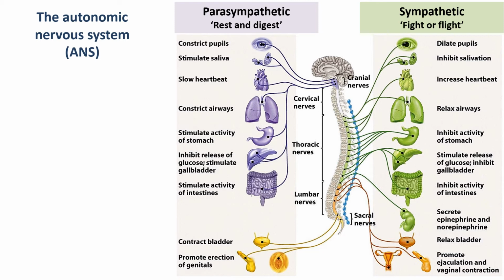It's all about rest and digest. So it drives heart rate down. It slows everything up. The sympathetic pathway, the one on the right there in the green, is about fight or flight. So this is the thing that up-regulates everything.